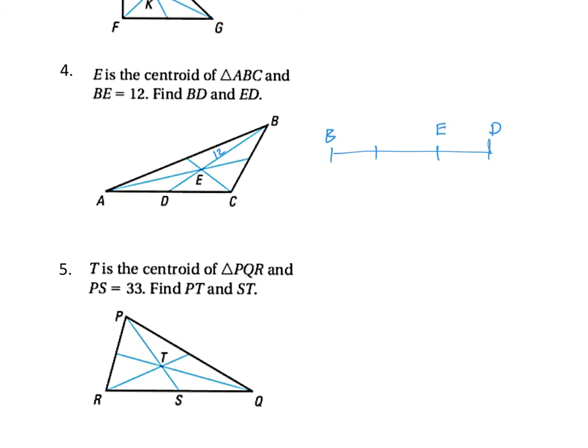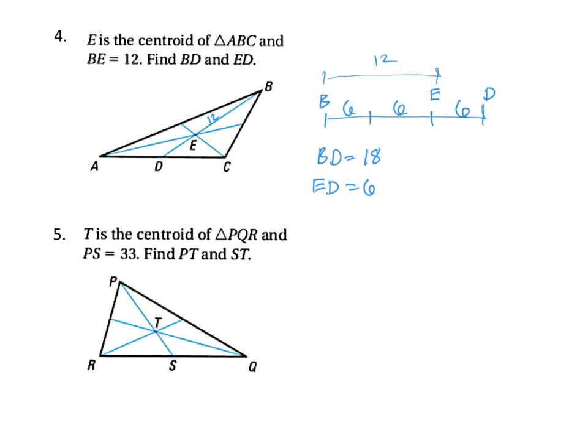And they say BE is 12. Well, I just have to break 12 up into halves. 12 divided by 2 is 6, so this is 6 and 6, and that last part is also 6. So now I know that BD, the entire distance, is 6 plus 6 plus 6, or 6 times 3. That's 18. ED is then just 6.